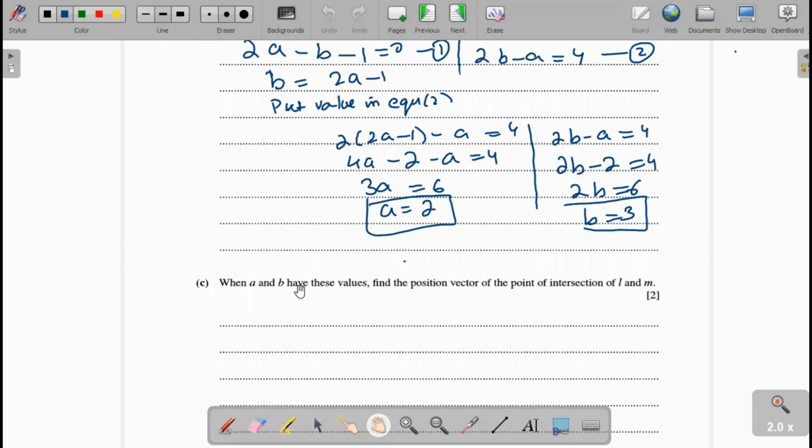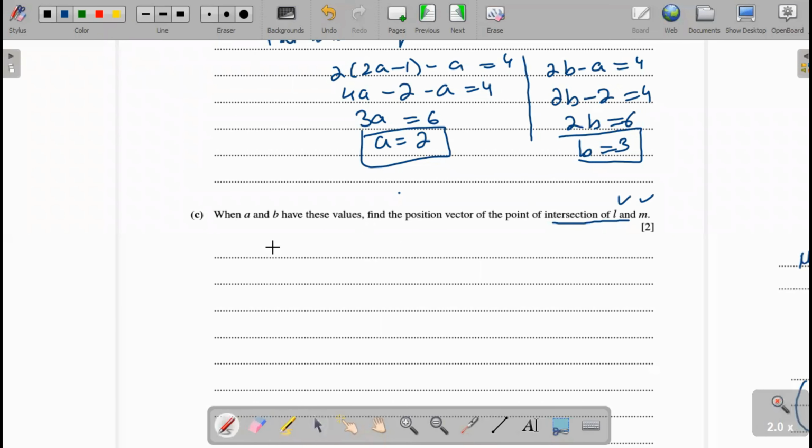Part C: when A and B have these values, find the position vector of the point of intersection of L and M. The point of intersection of L and M satisfies both the vector equations of L and M. Now to find the point of intersection, firstly we have to find the value of mu, or either mu or lambda.